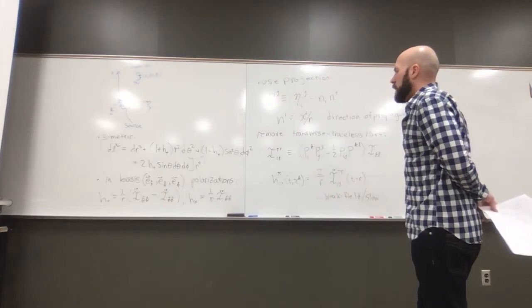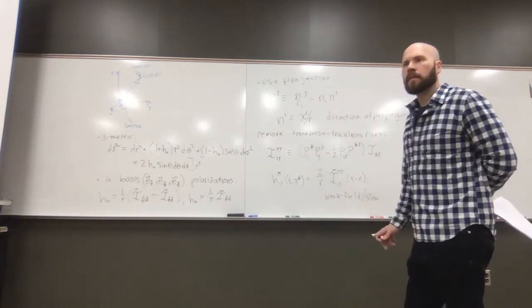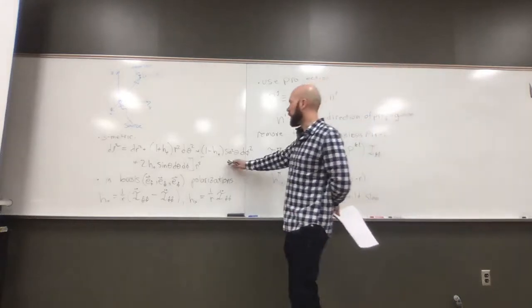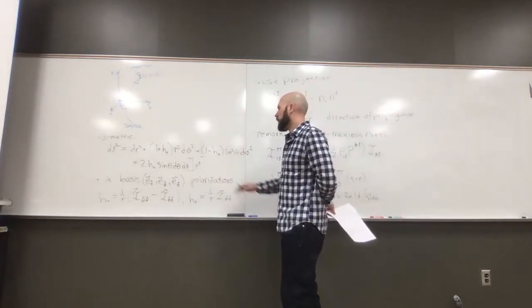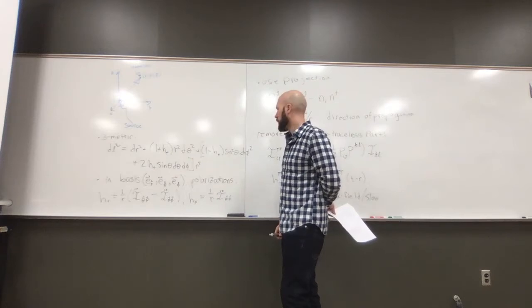You don't think it's like some geometrized units thing where there's a c missing or something? The angle doesn't make any sense without knowing how far away you are, as far as determining your distance. And in every other case where we've had a metric like this, you've always got that r squared term in the different components of the metric. So I think that just must be a mistake, in which case it's a mistake in the book.